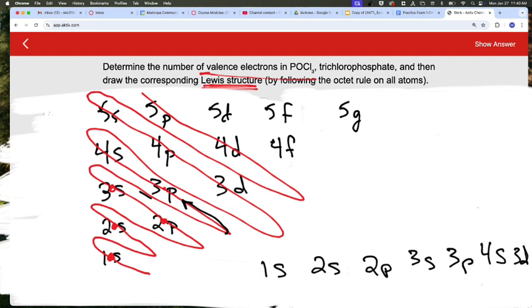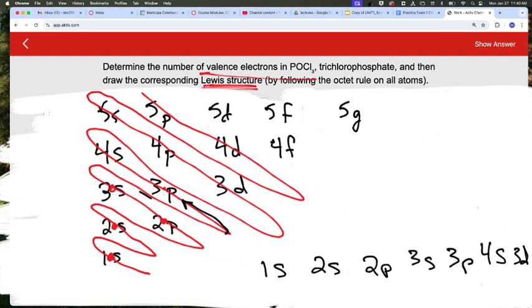Where's your transition, that 3P to 4S. 3P ends us at what element? 3P max, 3P6. What element are we at? Third row, P block, sixth column.